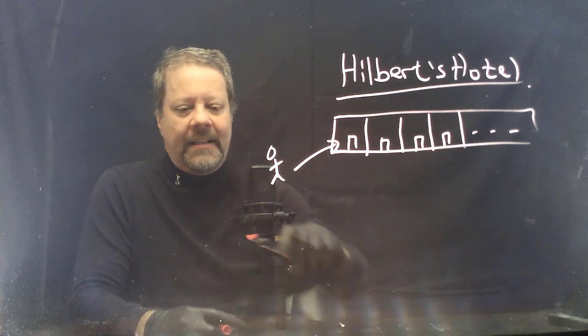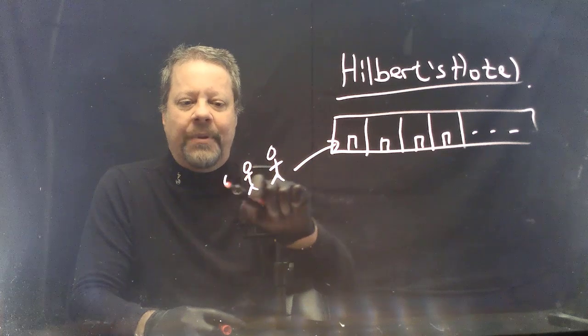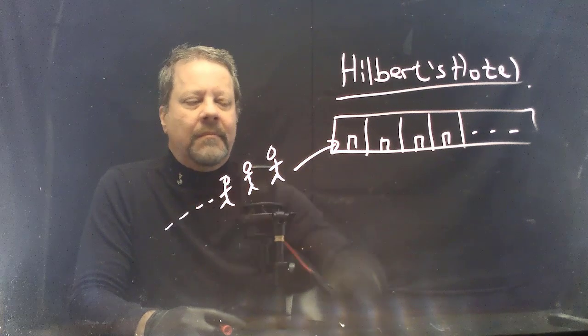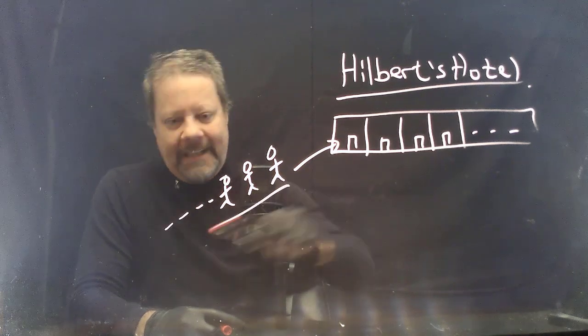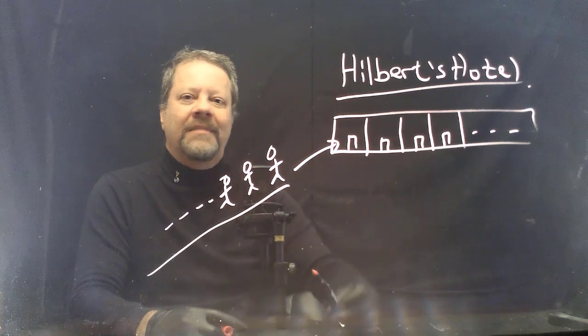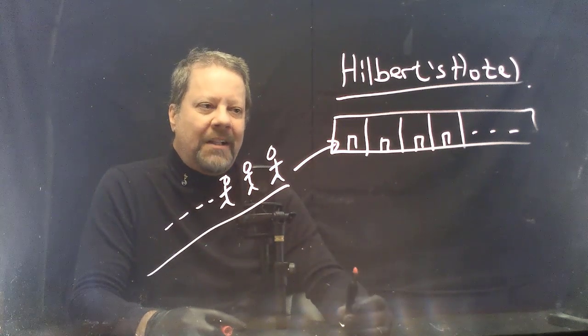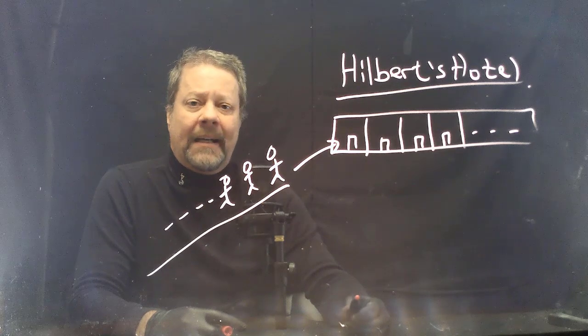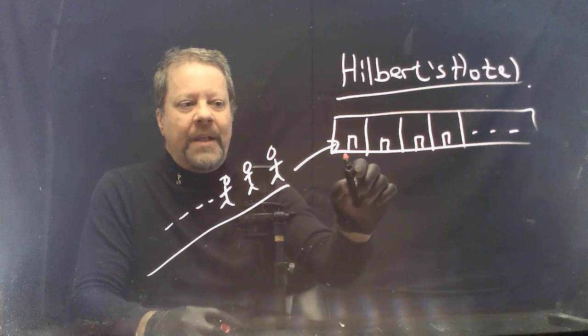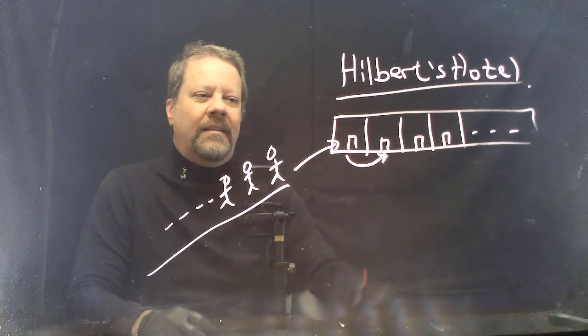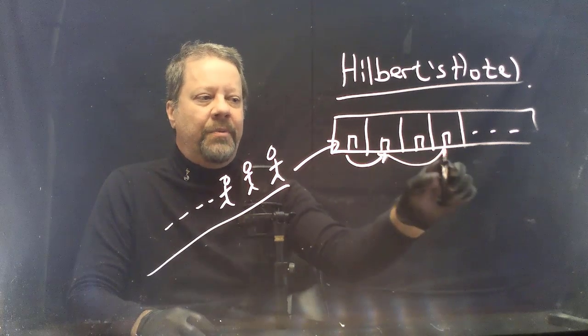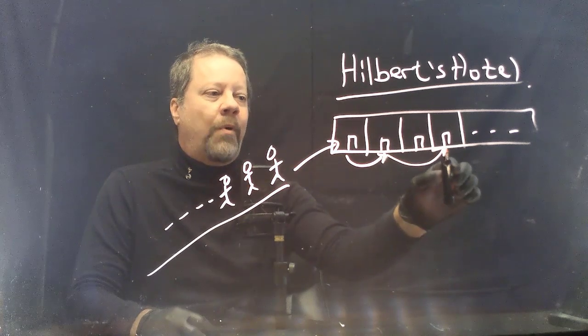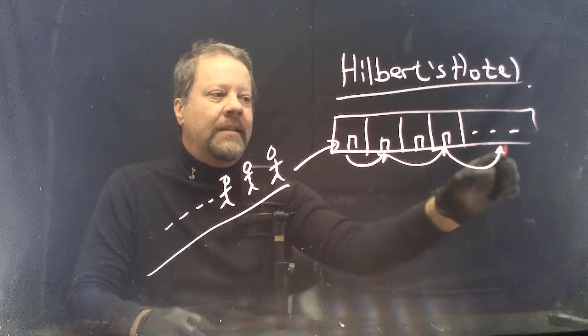Alternatively, let's suppose we have a countable infinity of people show up. How can we fit a countably infinite number of people into Hilbert's Hotel if it is already completely occupied? And the answer is, we'll just ask the person in room 1 to move to room 2, the person in room 2 to move to room 4, the person in room 4 to move to room 6, and so on.